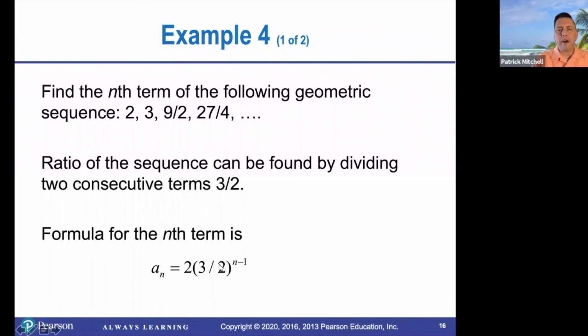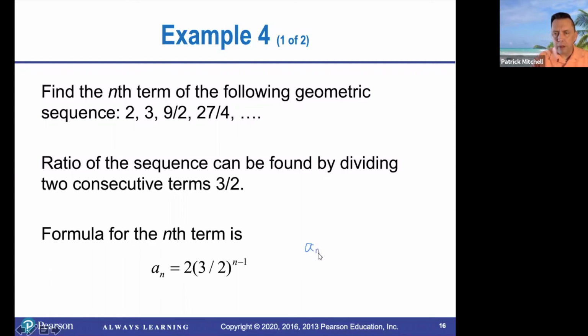And we have this formula for the nth term of a geometric sequence, and I'm thinking it might be a good idea to actually write down that formula before we have numbers filled in.